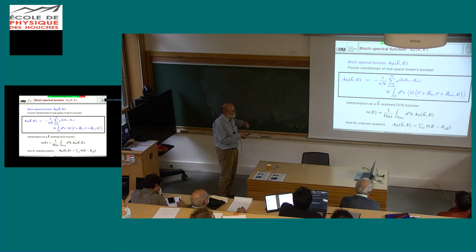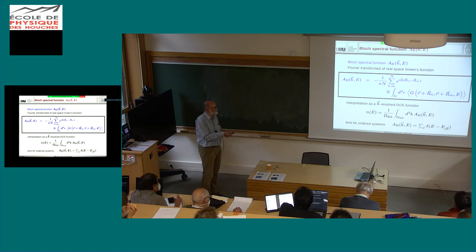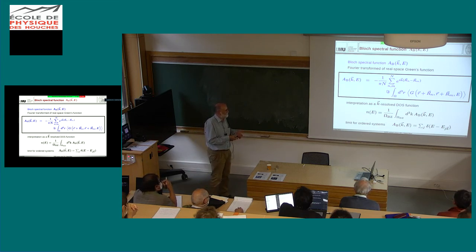And the Green's function now, of course, for our CPA medium. And this is a periodic medium, and that means our spectral function depends only on k. And if one looks at the definition, one can immediately see that this Bloch spectral function is something like a k-resolved density of states function.